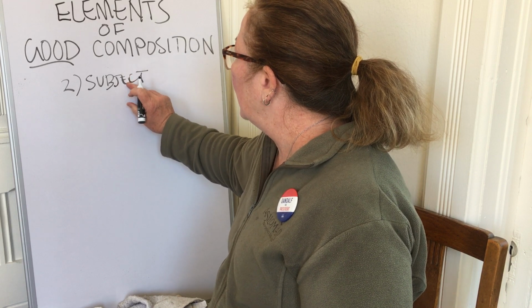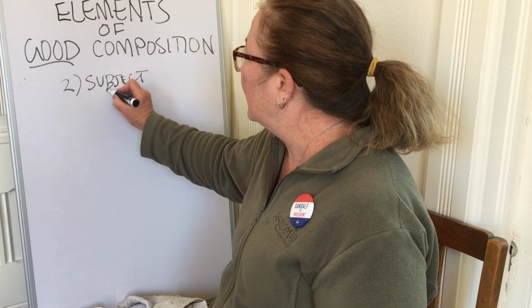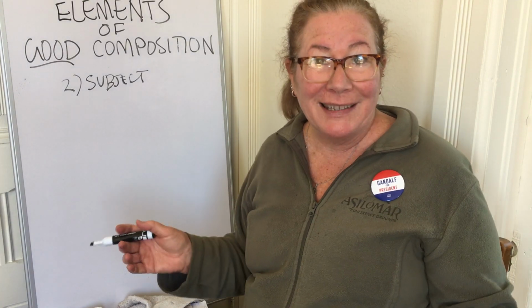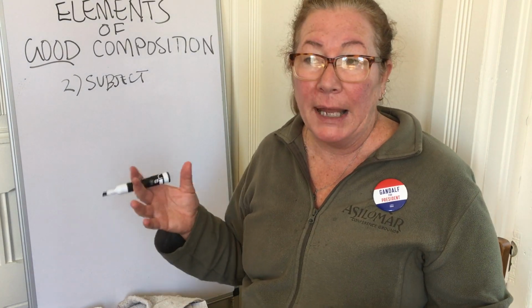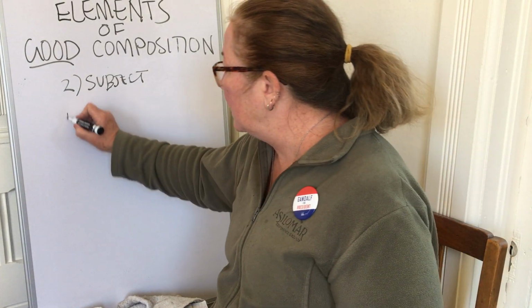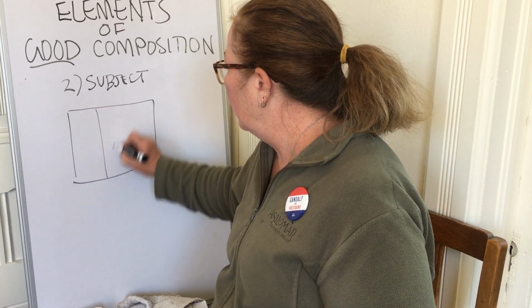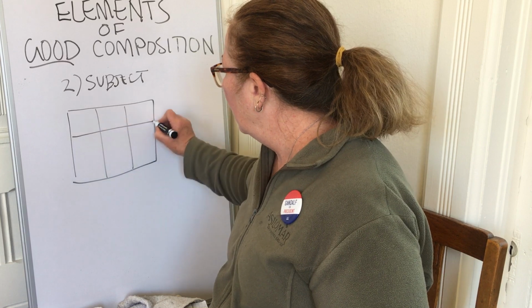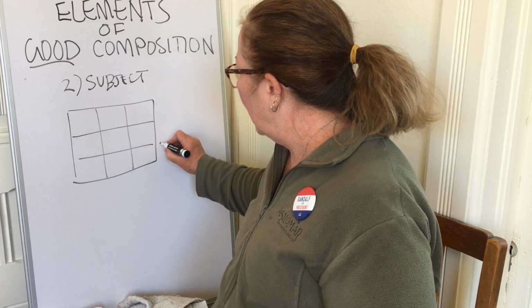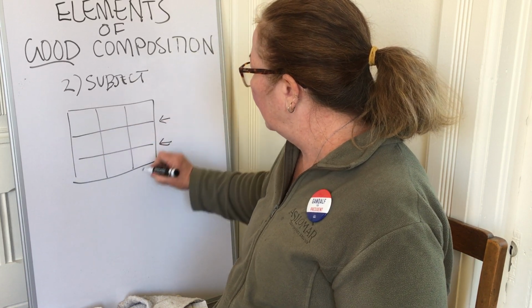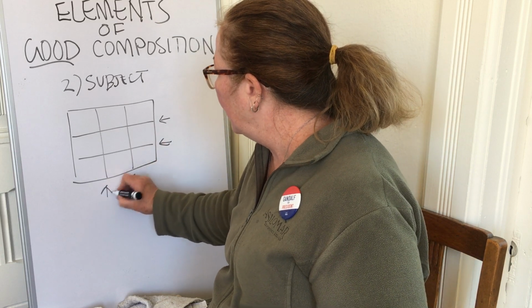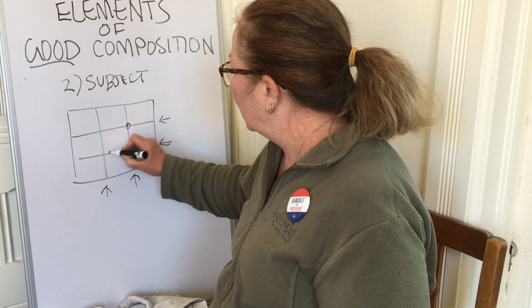And when I showed you that example with the sunsets, the subject was the sunset. Right, so we placed the sunset intersected with one of those rule of third intersections, right? Remember we want elements to be along these lines, important elements, right? And we intersected it there.